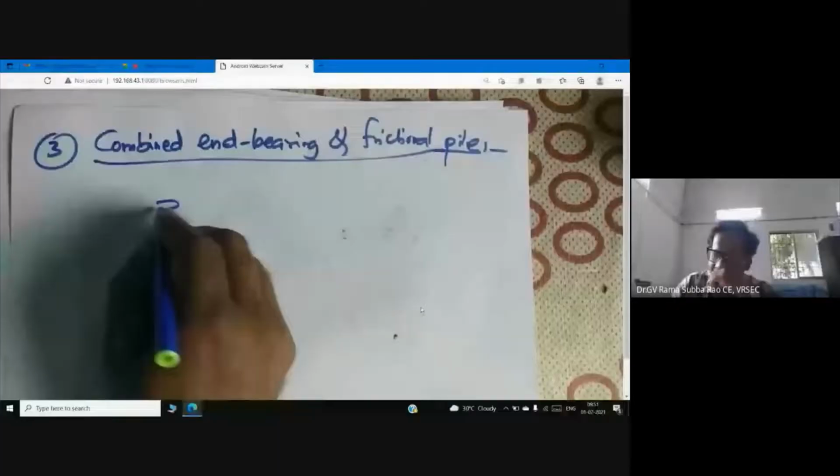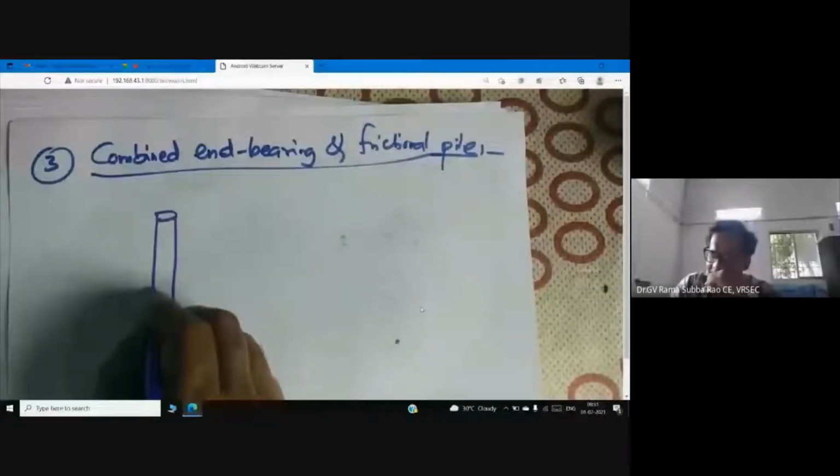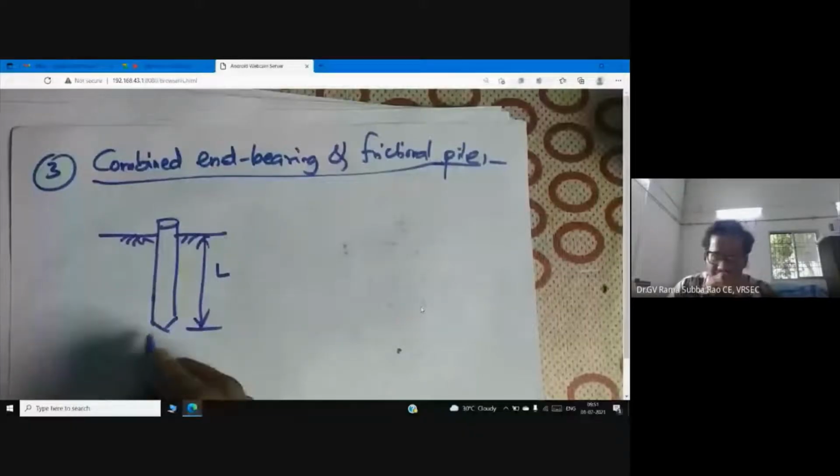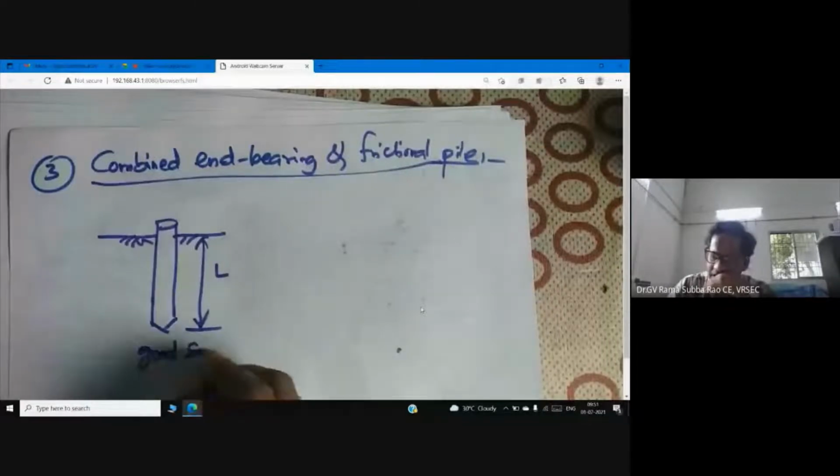Now you see, this is the pile actually. It is embedded in ground, no doubt. This is the length of the pile. Fortunately, this pile is terminated on good soil. I can say good soil, I cannot say stiff soil. Also here you see the load is taken care of by both the skin as well as point bearing. So QU is equal to, can anyone tell me now?